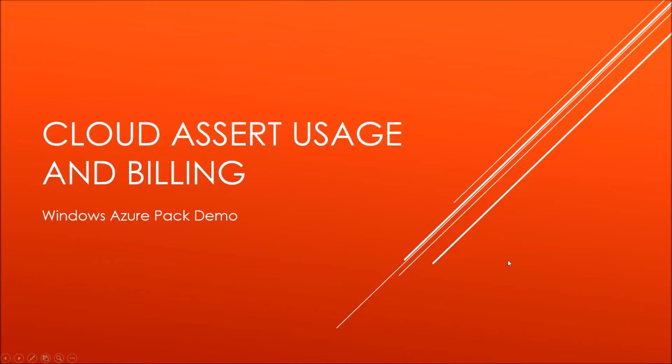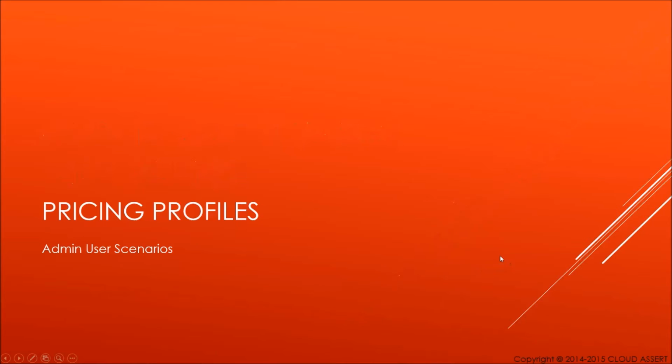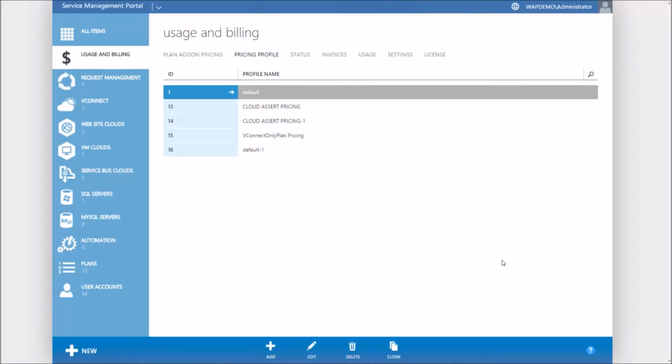Let us now see a quick demo of Cloud Assert's usage and billing solution for Windows Azure Pack. Let us start by looking at the pricing profiles in the Windows Azure Pack admin portal. The usage and billing solution allows the administrators to maintain multiple billing profiles or pricing profiles.